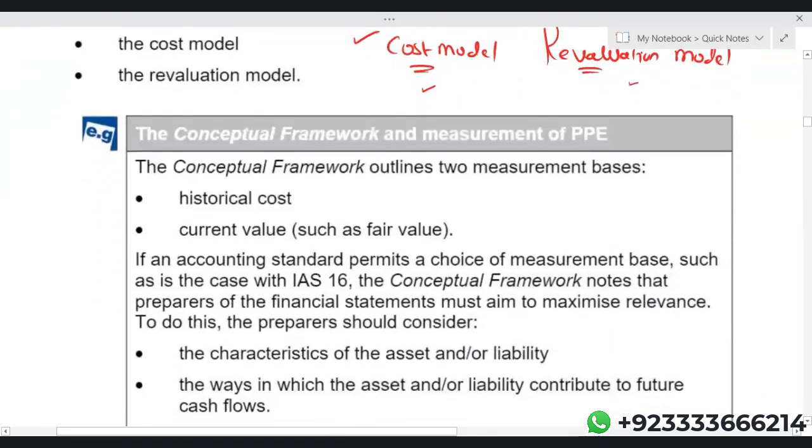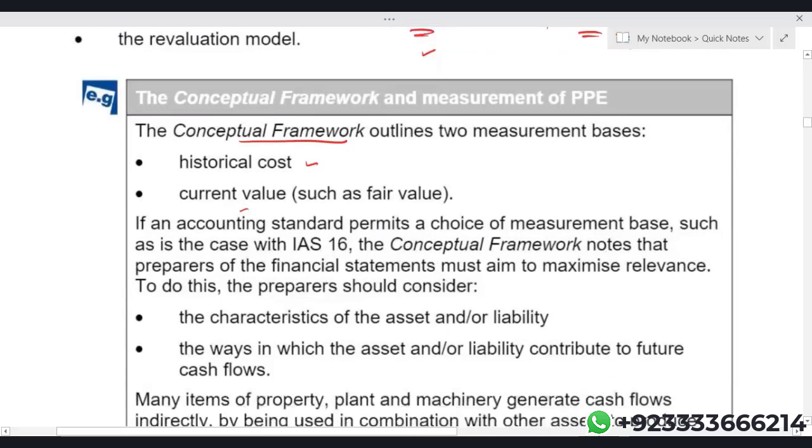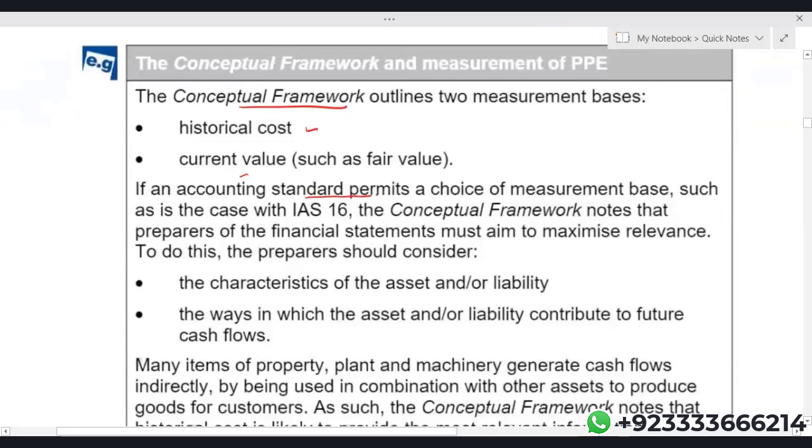Look at this. There are both models under the conceptual framework as well: historical costs and current values. If an accounting standard permits a choice of measurement base, such as in the case of IAS 16, the conceptual framework notes that the preparer of financial statements must aim to maximize relevance.